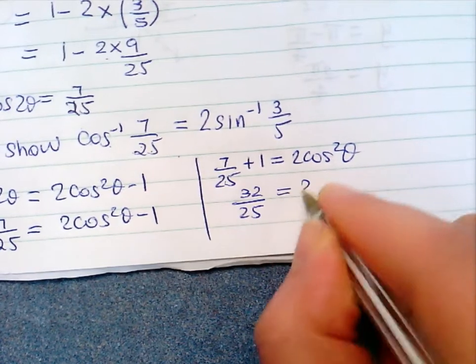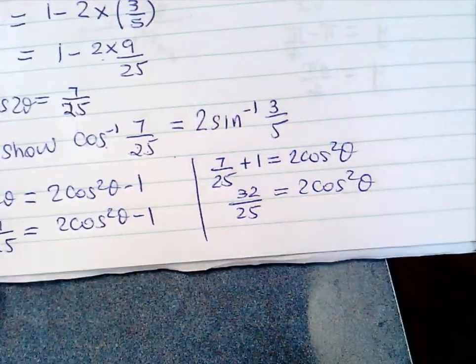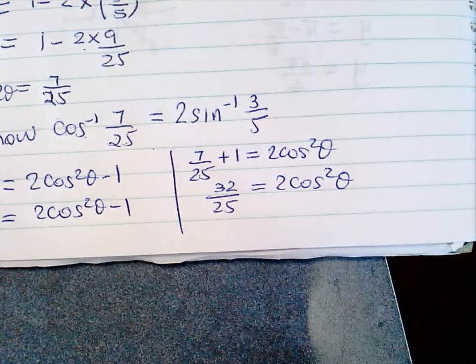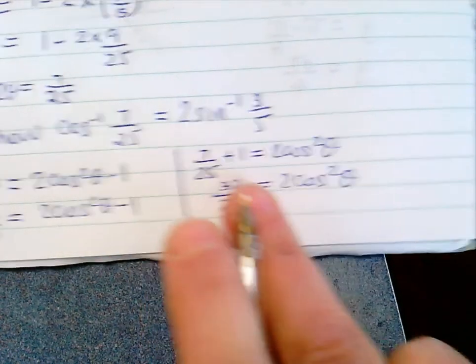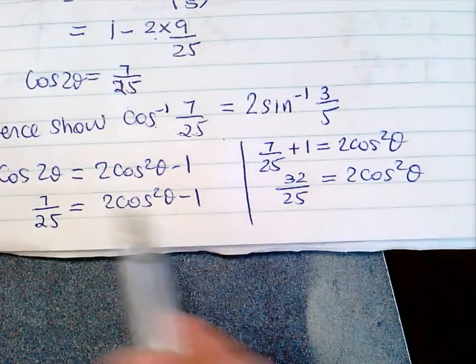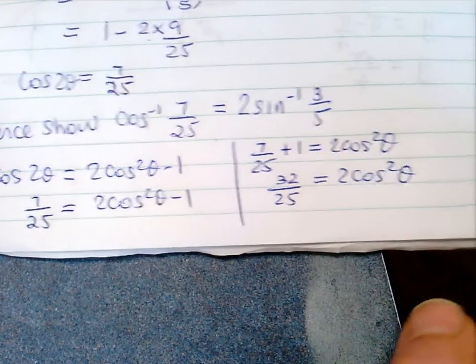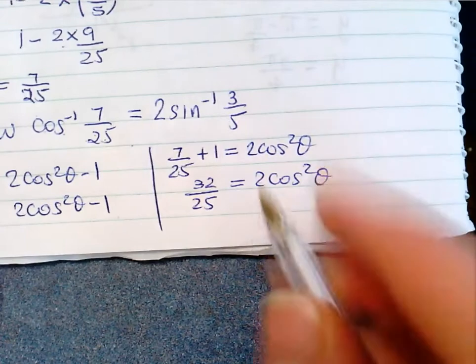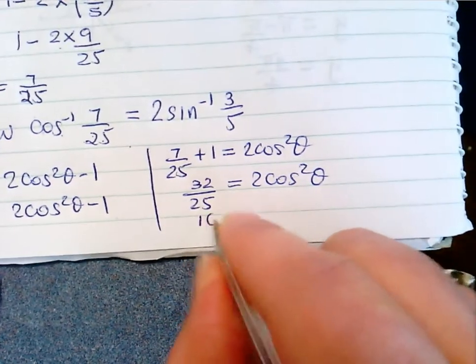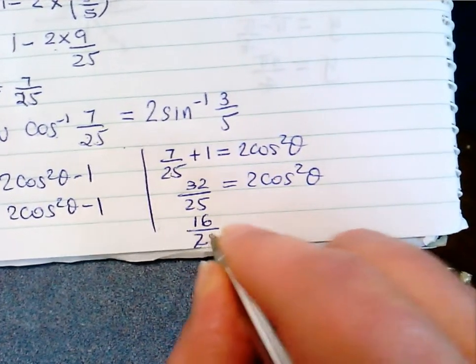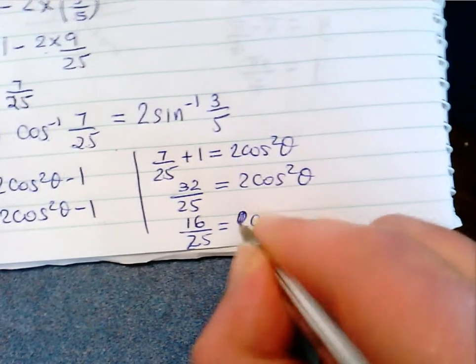What am I going to do with this 2? And then what happens? When you divide by 2, do you see what I'm doing, girls? 7 over 25 plus 1 is 2 cos squared theta. Divide by 2 and what do you get? 16 over 25, this is looking good, is cos squared theta.